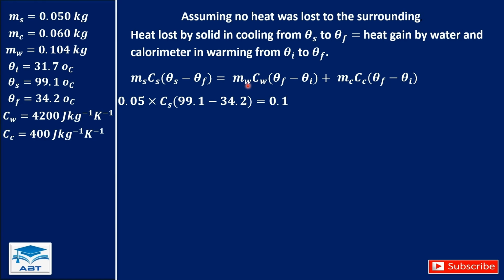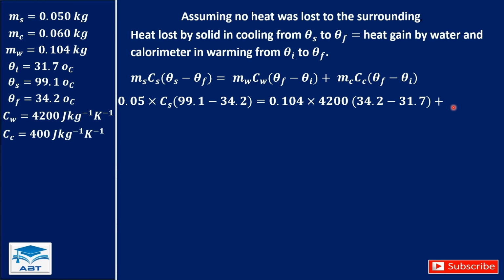And here too we have mass of water to be 0.104 kilograms times specific heat capacity of water is 4,200 joules per kilogram per Kelvin, and the final temperature of the water is 34.2 degrees Celsius minus the initial temperature of the water, which is 31.7 degrees Celsius.